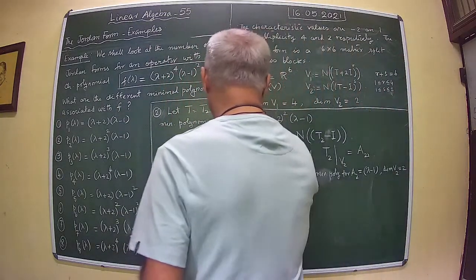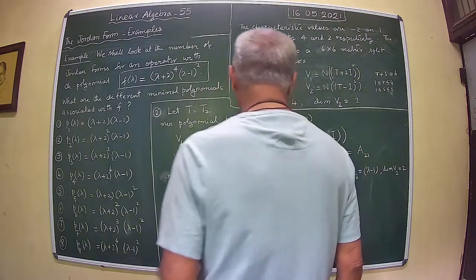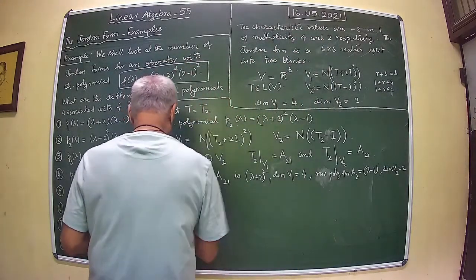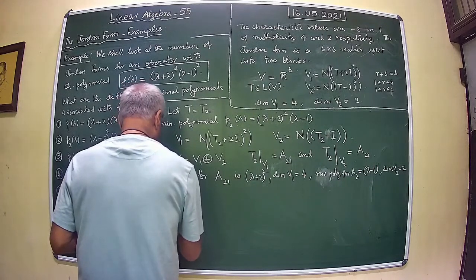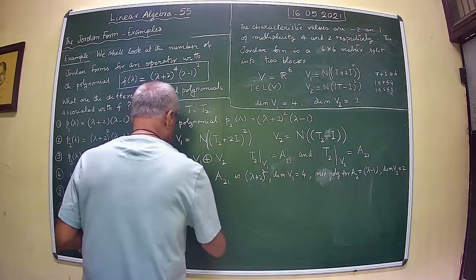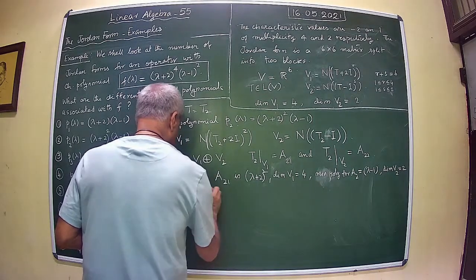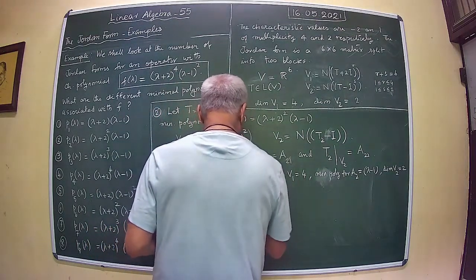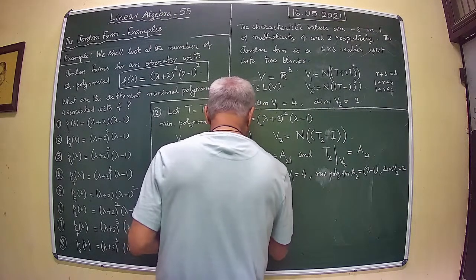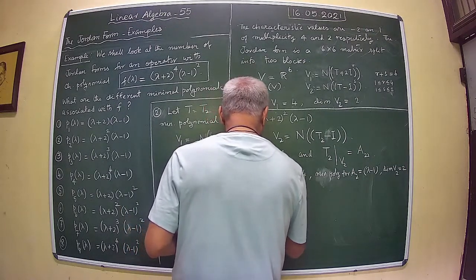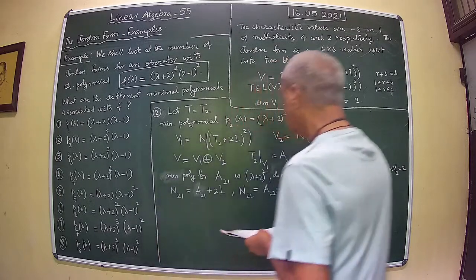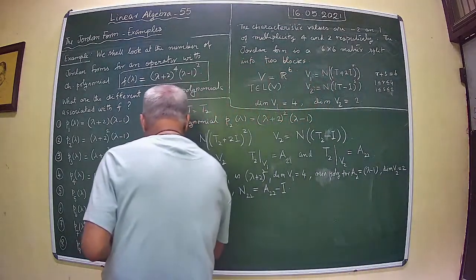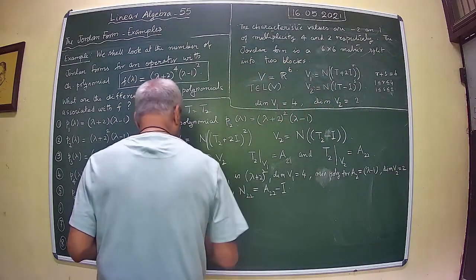Here you see, if you look at the minimal polynomial for n1, okay, so we write, then you see that these are the nilpotent operators.